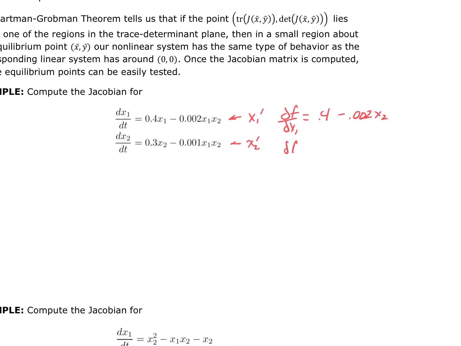My partial derivative of g, that's my second equation, not f, with respect to x sub 2 is going to be 0.3 minus 0.001 x sub 1.